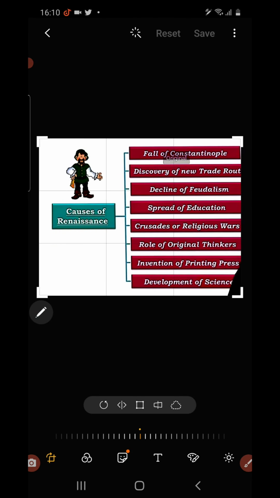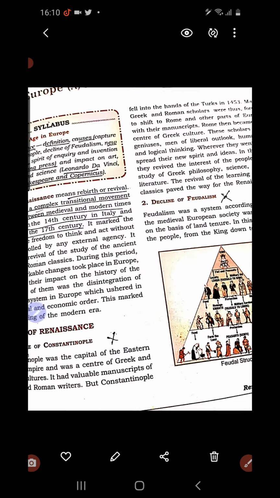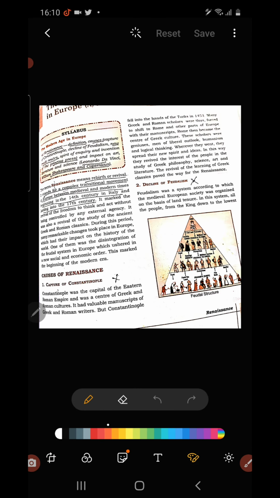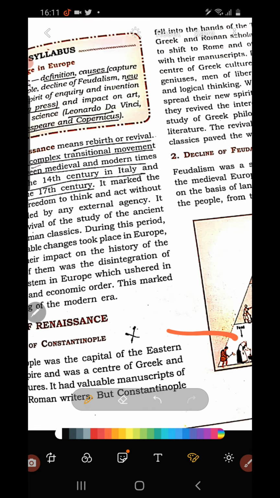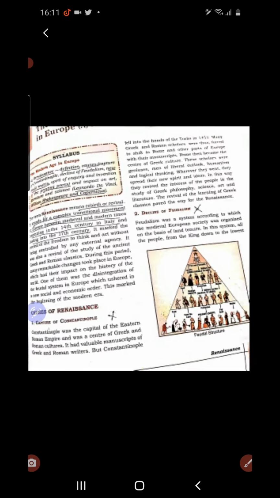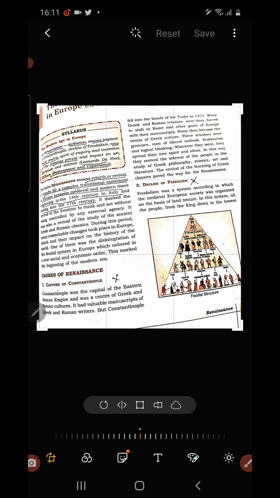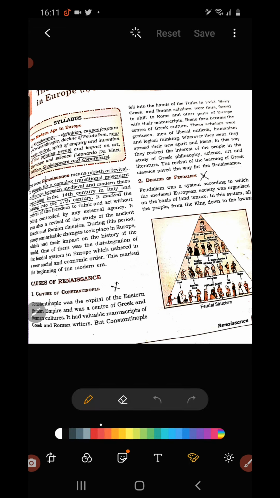The causes of the Renaissance. Yes, this is the first page of the chapter that we need to study. Let us only focus on the points we have to study from the chapter. Since you understood the meaning of the term Renaissance, we have to focus only on the sentences and paragraphs where we study about the Renaissance. You see that it means rebirth.